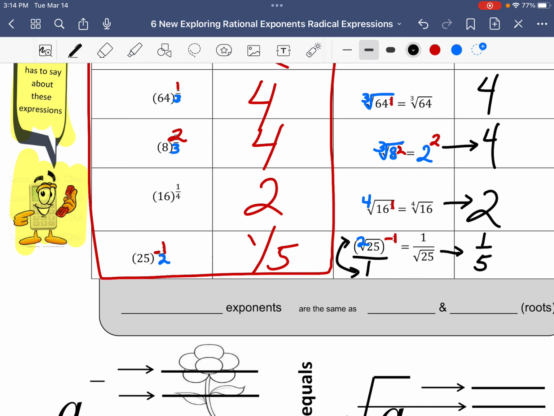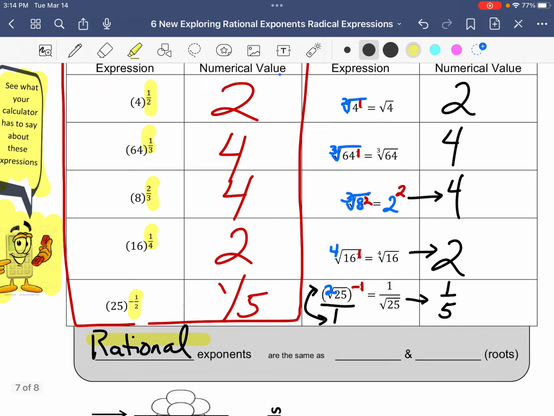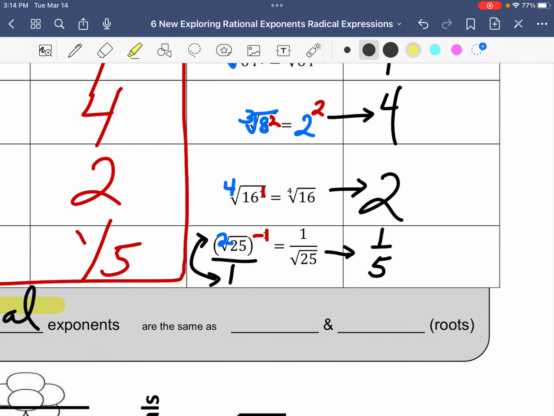So what's going on here? Well, to say it one more time, we have what's known as rational exponents. Now, I don't want this to just be words, like gobbledygook words. Rational exponents, kids, rational exponents are exponents that are fractions. Well, they are the same as powers.